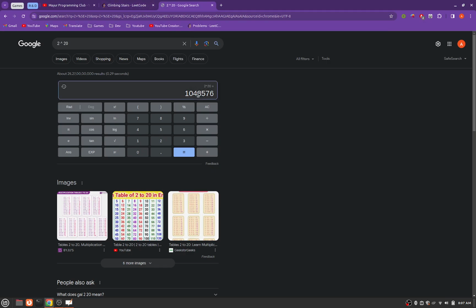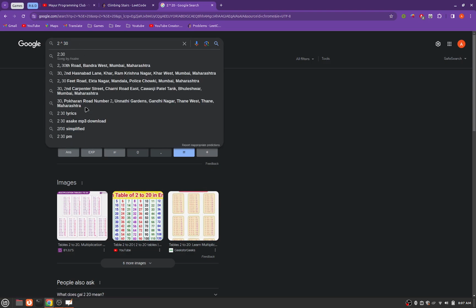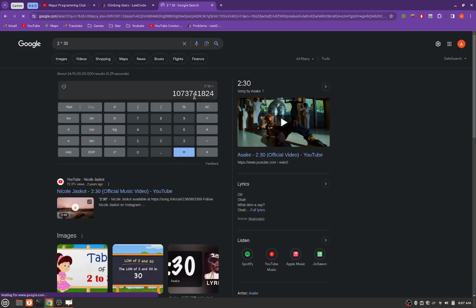This is 2 raised to power 20. Now let's see 2 raised to power 30. So this is 2 raised to power 30. How many digits? 5 here and 5 here. As you can see, it's of order 10 raised to power 10.